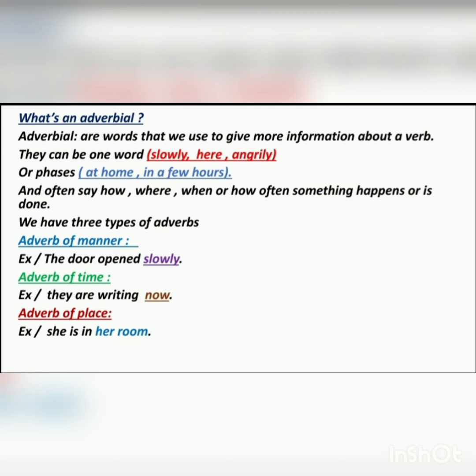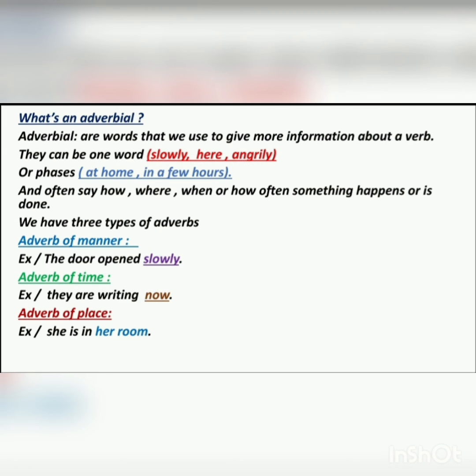So let's get started with the first one, adverb of manner. For example, the door opened slowly. The adverb of manner talks about the way something happens. The door opened slowly. What opened slowly? The door. So slowly is related to the door.